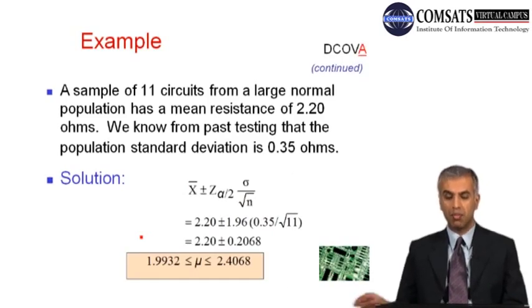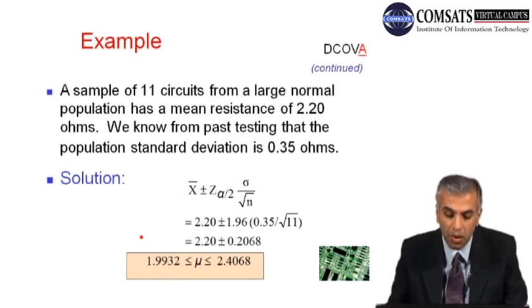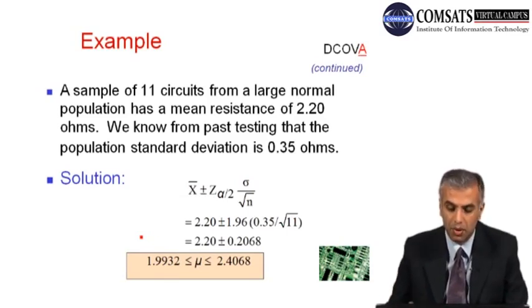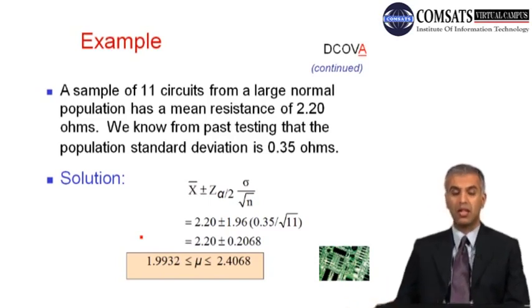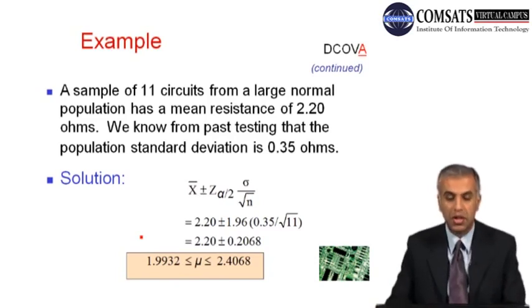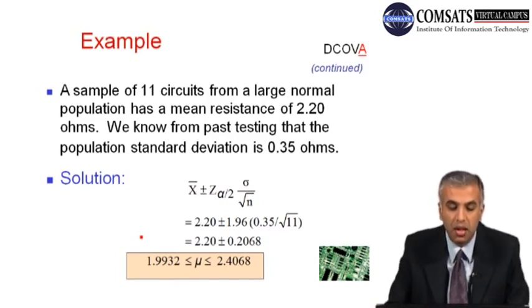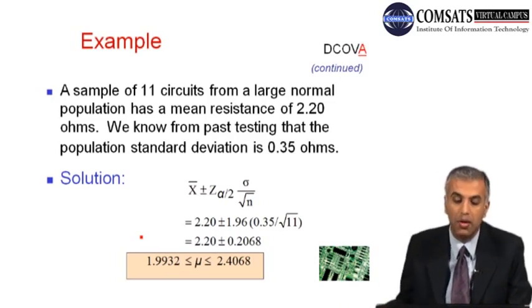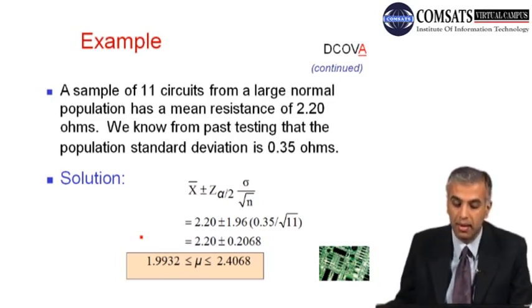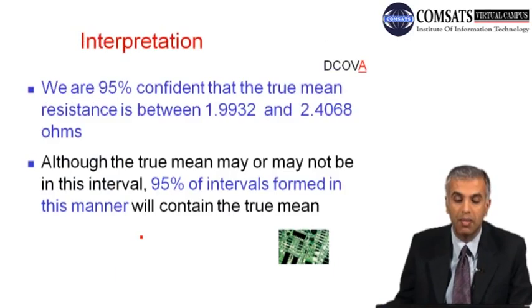We substituted the formula, and showed how to calculate the values and how to calculate the lower limit and upper limit of these confidence intervals. This is the typical example used in this basic lecture, and we went on with it to explain the calculation of this concept.